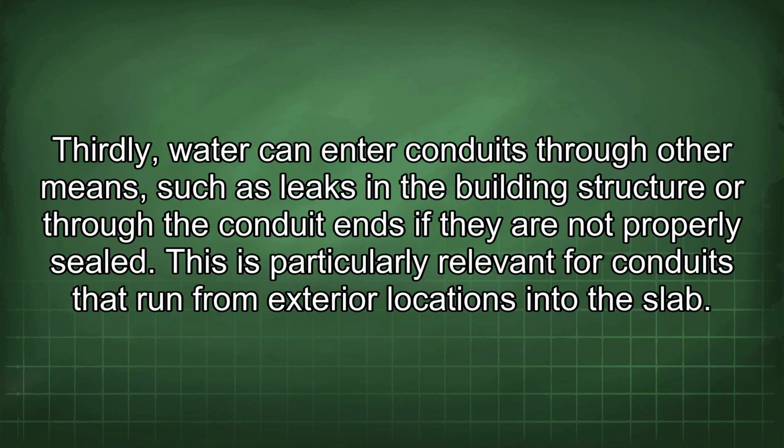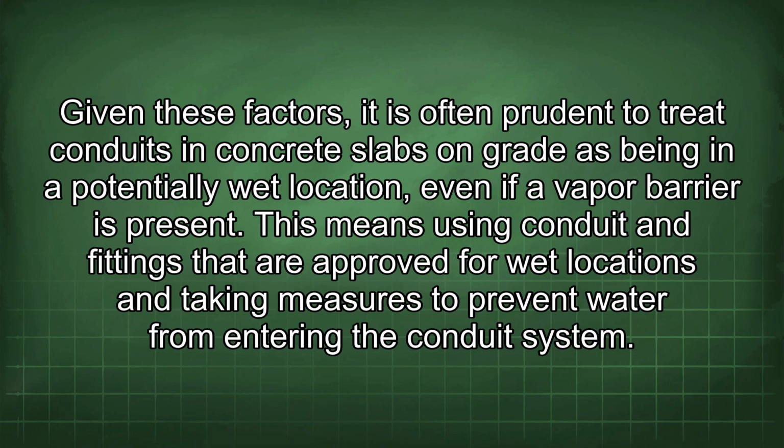Thirdly, water can enter conduits through other means, such as leaks in the building structure or through the conduit ends if they are not properly sealed. This is particularly relevant for conduits that run from exterior locations into the slab. Given these factors, it is often prudent to treat conduits in concrete slabs on grade as being in a potentially wet location, even if a vapor barrier is present.